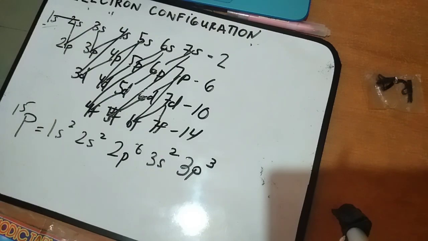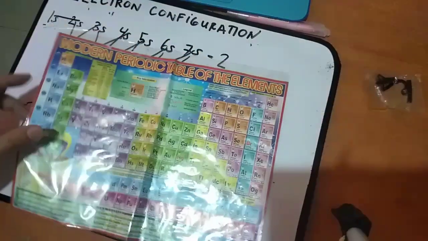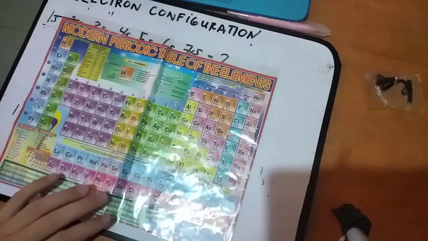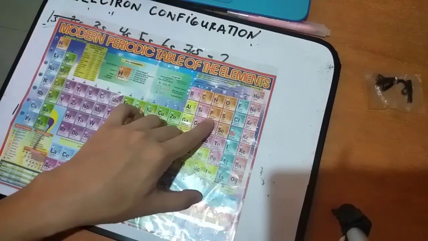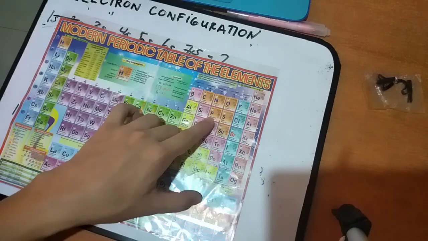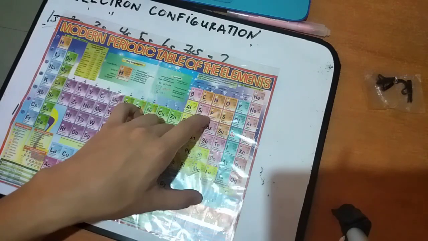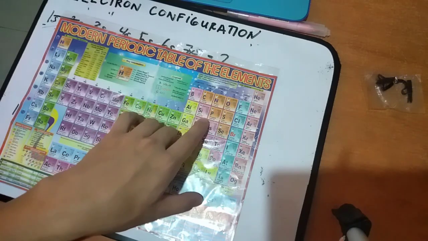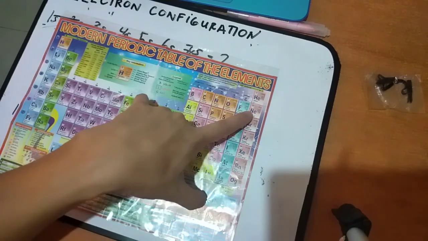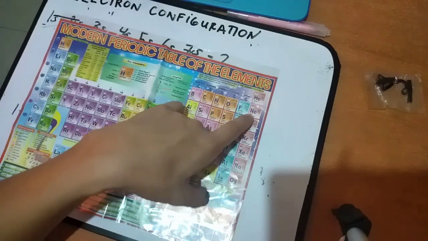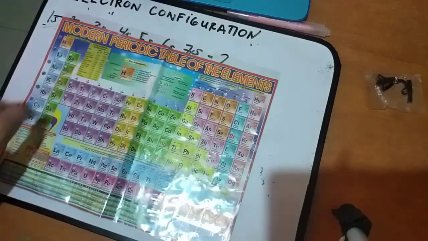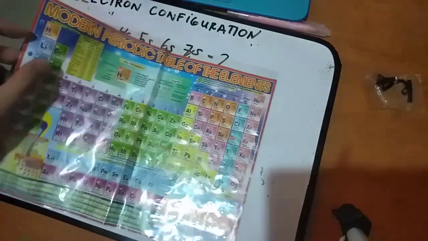So, if you would like to do the shorthand method, let's refer again to the periodic table. So, this is your phosphorus. What is the noble gas before this element? So, ang noble gas before phosphorus 15 is neon. Diba? Neon. The atomic number of neon is 10.